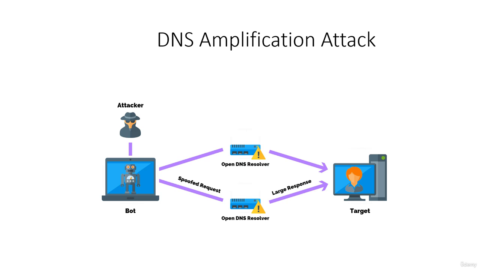For example, the attacker may request all the DNS records for a particular zone. That would create a large amplified response, which is then sent to the target machine, the one whose IP address was spoofed in the original DNS request. This also hides the original source of the attack.